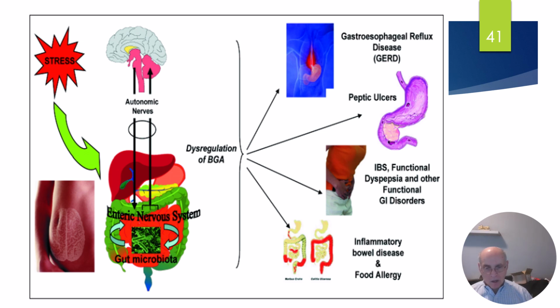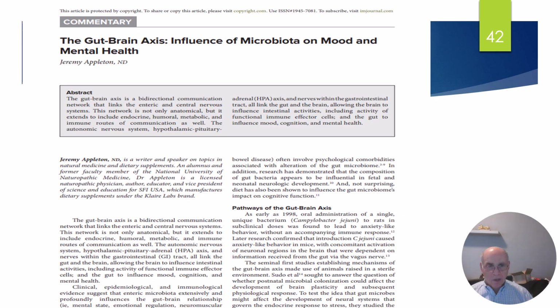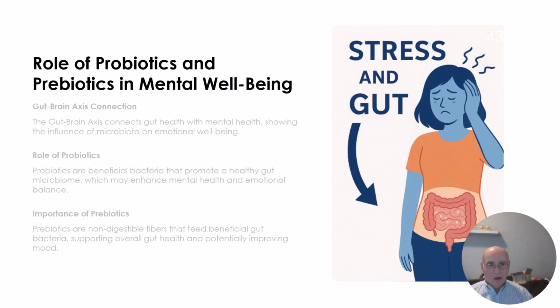And when someone's got things going on that affect their gut, whether it's chemical or emotional, it will affect how that gut responds to things coming through. So, influence of microbiota on mood and mental health. We've already talked about that, and that's the work of John Cryan and others.